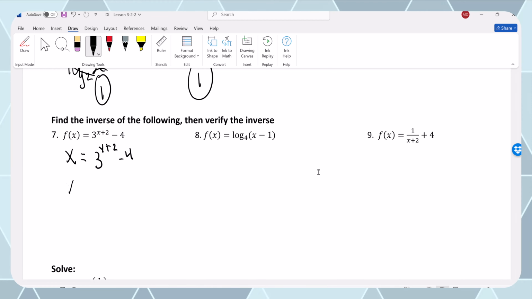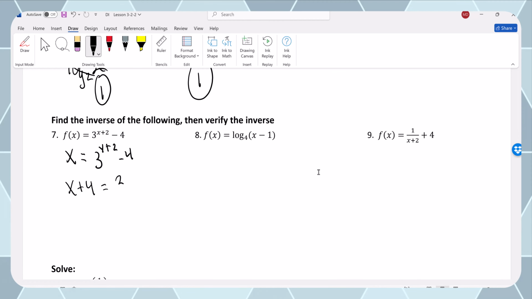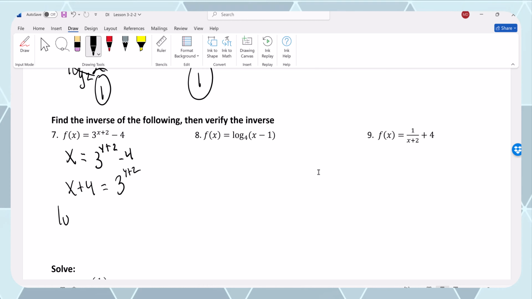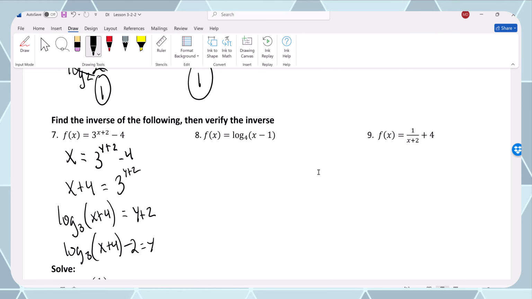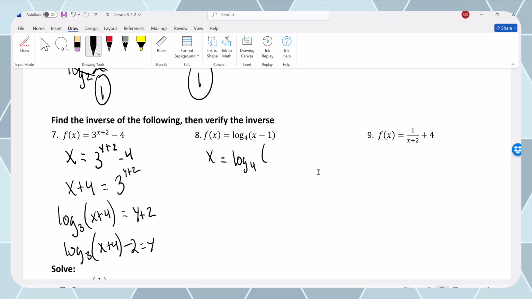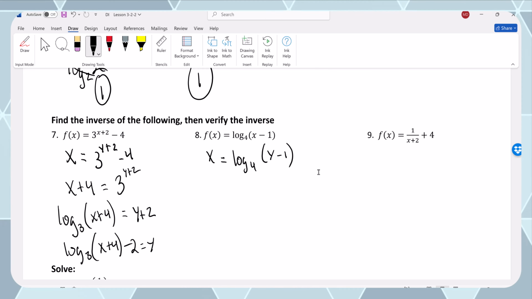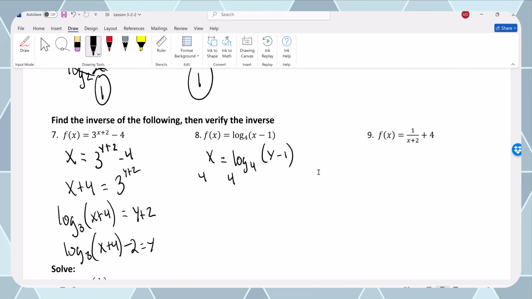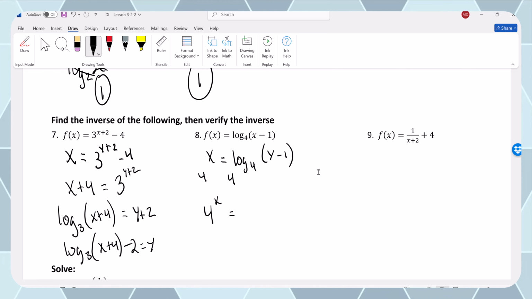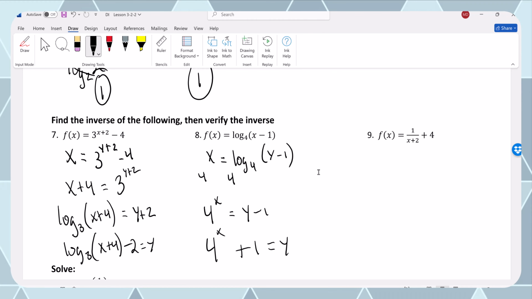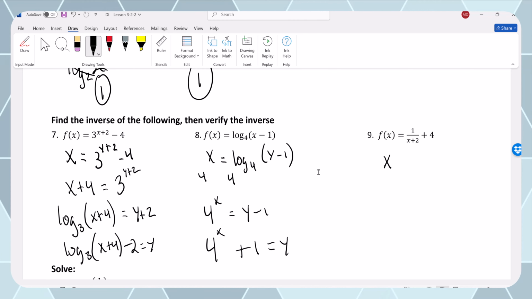So we're going to add 4. Then that's base 3, so we take log base 3 to both sides. This one, switch the x and y. To get rid of the log, you have to have base 4. Then add 1. Switch the x and y.